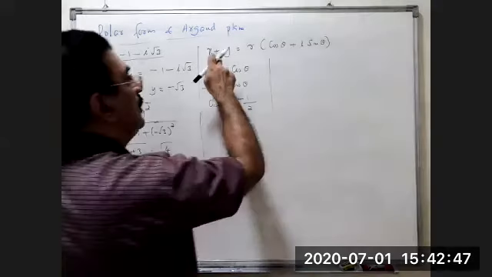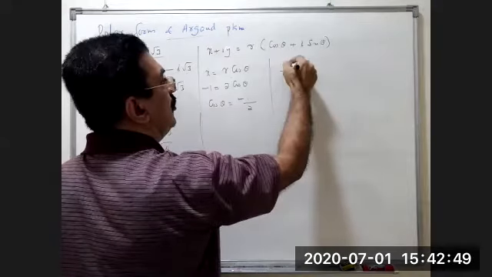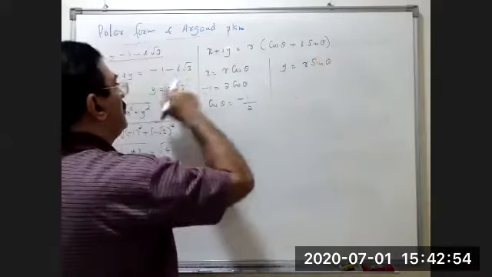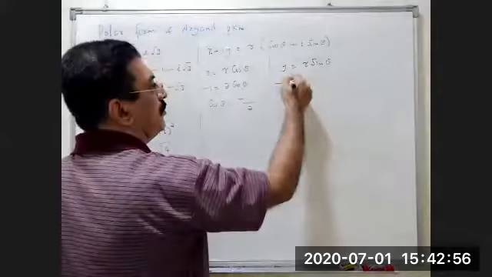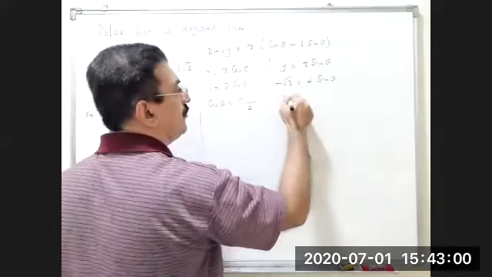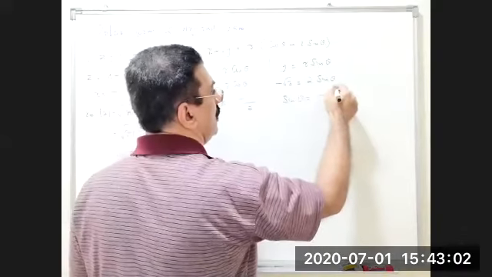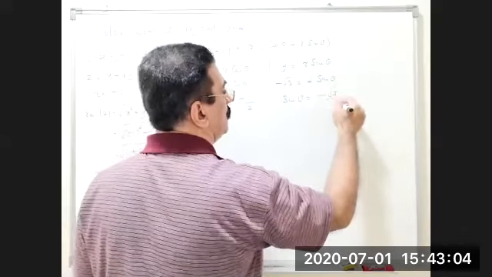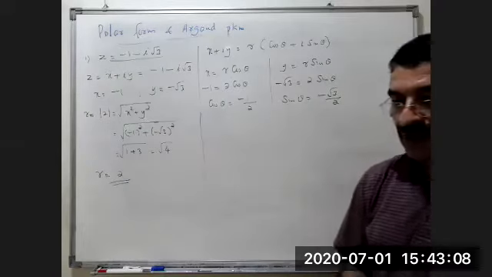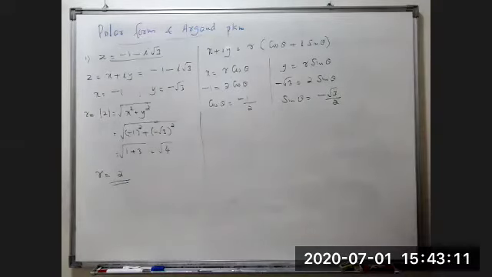Similarly, equating y is equal to r sin theta, the value of y is minus root 3, so minus root 3 is 2 sin theta. Sin theta is minus root 3 by 2. We found cos theta and sin theta.